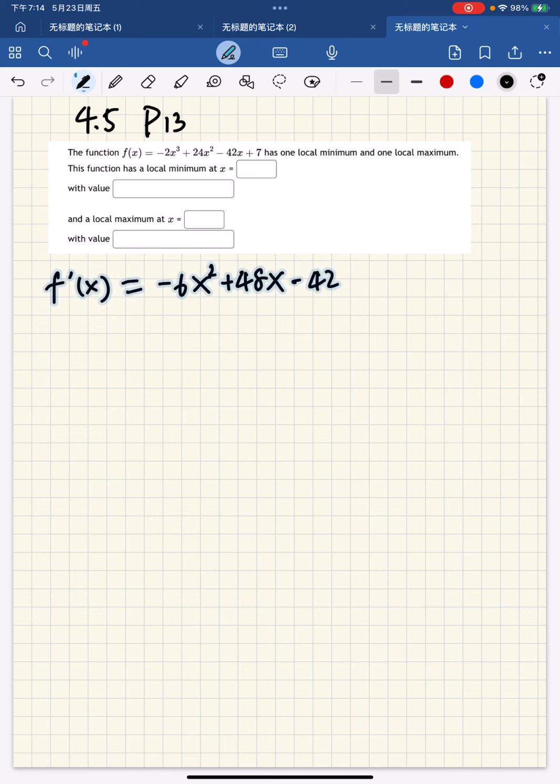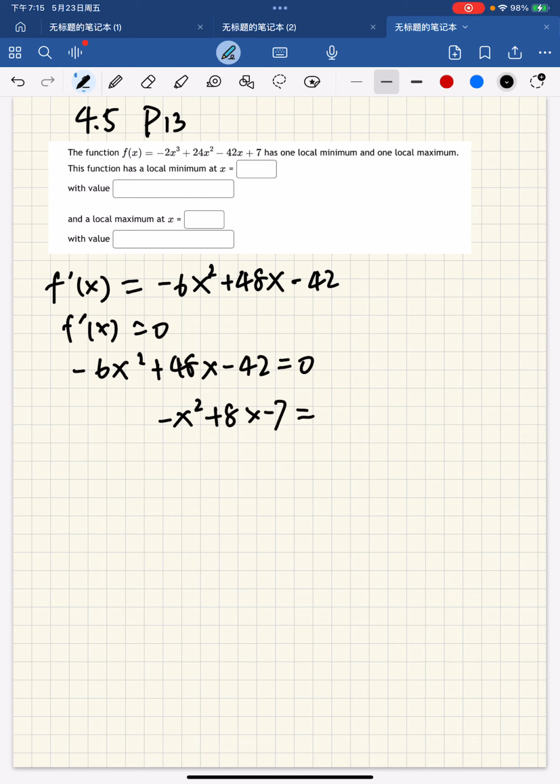To get the critical points, we let the first derivative equal 0. We can simplify further by dividing by 6 and by -1 at the same time.